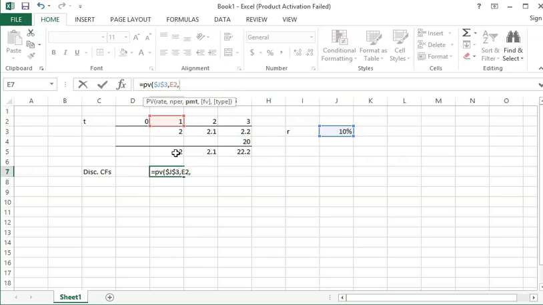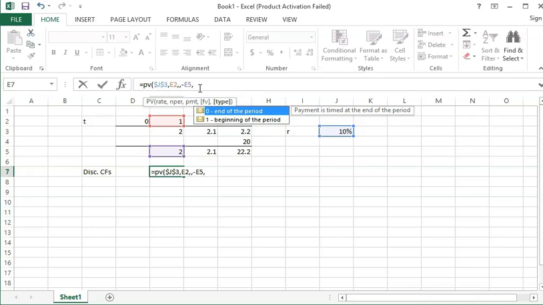And payment: there is no payment as such. Payment is used for annuity. There is no annuity here, so I will leave it blank. Future value is this. Recall from your use of the financial calculator that if you put in the future value as positive, it will give you a negative present value, and if you put it in as negative, it will give you a positive present value. So use it as negative so that you get a positive value.